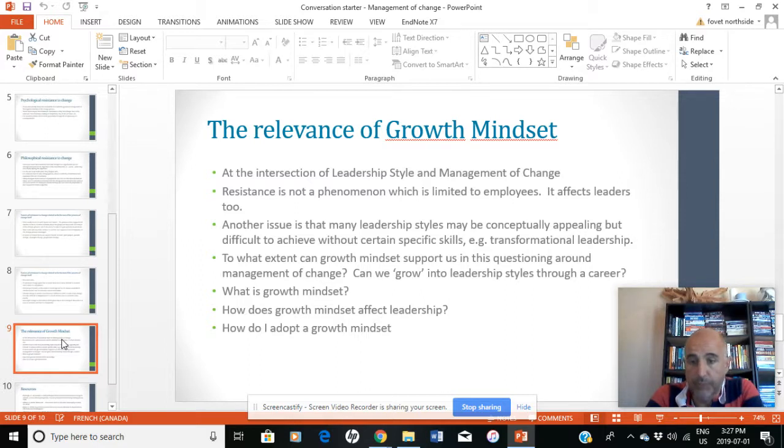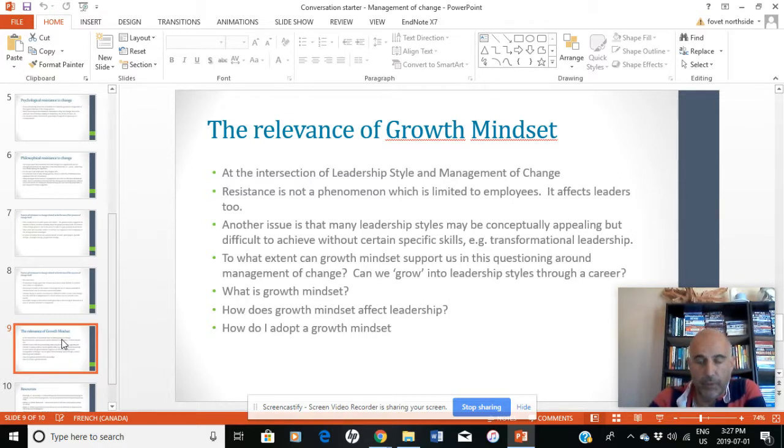But as you've probably seen, transformational leadership requires some very specific skills from a leader. You have to be inspirational. You have to be an extremely good communicator. You have to be able to share your vision with your team and actually tap into that intrinsic motivation. It takes very specific skills. So growth mindset is also useful in the sense that I see this often in leadership courses: students who say, I'm really attracted by this leadership style, but I don't know how to get there, and it doesn't align with my personality.